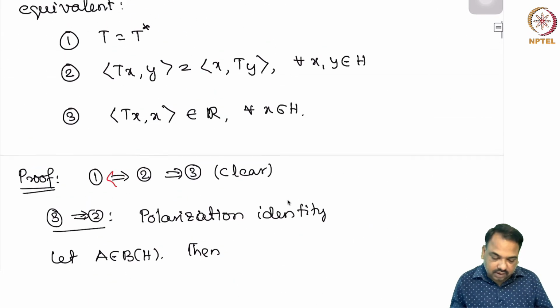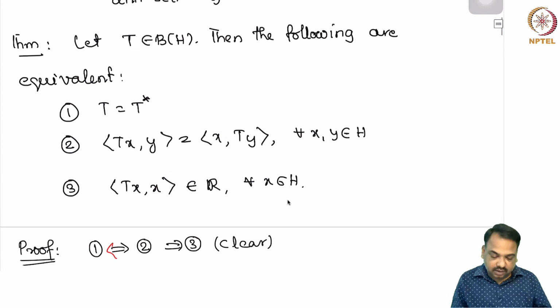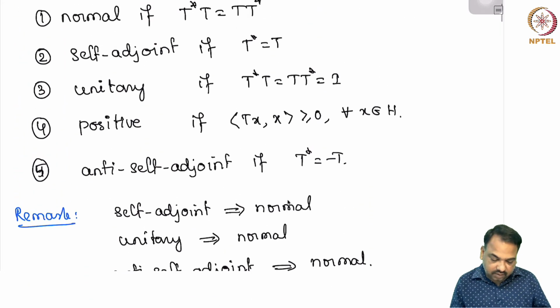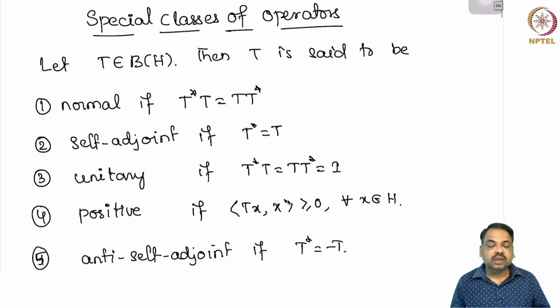Now let us look at the equivalent statements again. The third statement says something about the self-adjoint operator, that is, the inner product of Tx with x is in R. Now we have defined a positive operator in terms of the inner product of Tx with x.